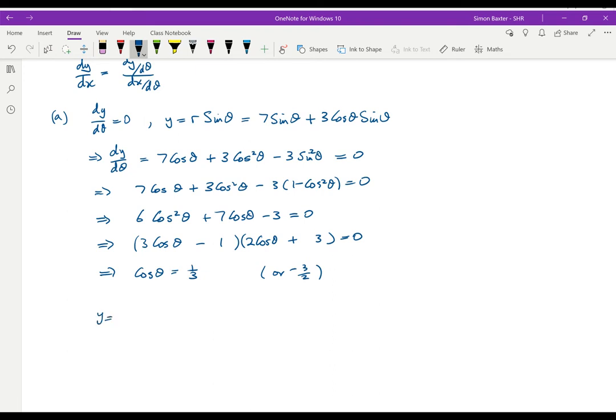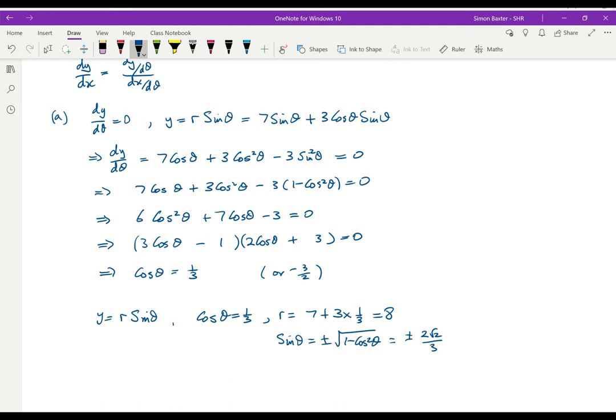Y is r sine theta, and at cos theta equals a third, r is equal to 7 plus 3 times cos theta, which is 8, and sine theta is equal to plus or minus root 1 minus cos squared theta, which is plus or minus 2 root 2 over 3.